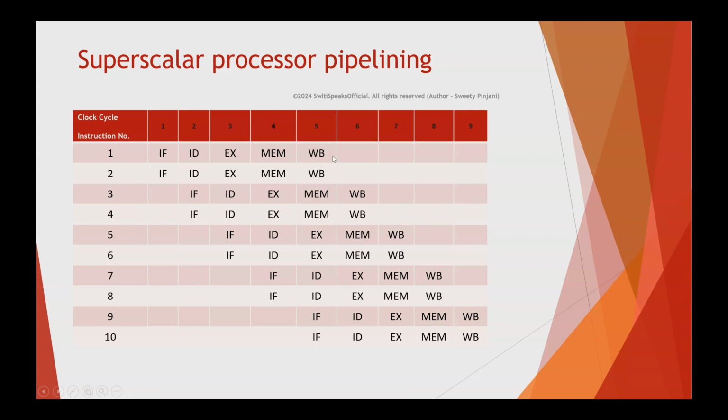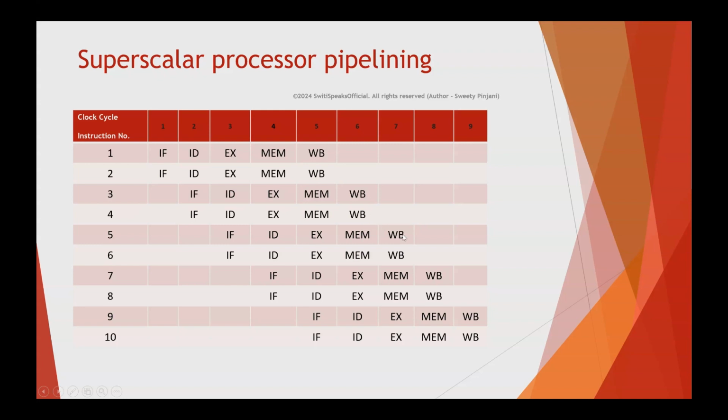If you see, in the fifth cycle we are fully utilizing the pipeline. Everything is in the pipeline. And in the fifth clock cycle, instructions 1 and 2 both complete. In the sixth clock cycle, instructions 3 and 4 complete.